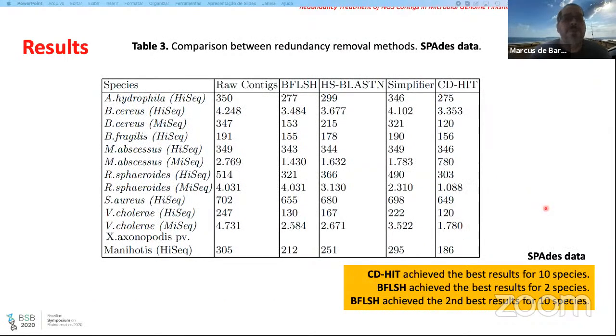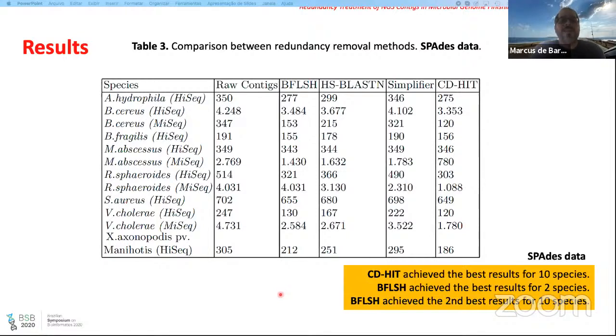So comparing with the 3 other algorithms, we have here the number of contigs in the raw data produced by the assemblies, and we have the number of contigs after the reduction performed with BF-LSH, AGS-BLAST-N, simplifier, and CD-HIT.